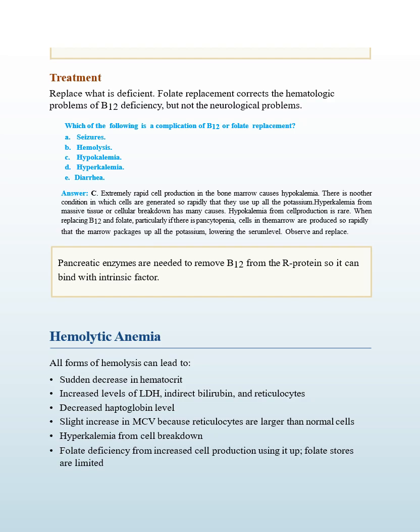D, slight increase of MCV. E, hyperkalemia from cell breakdown. And G, folate deficiency from increased cell production. We know that the folate stores are very limited. Let's go to the next slide.